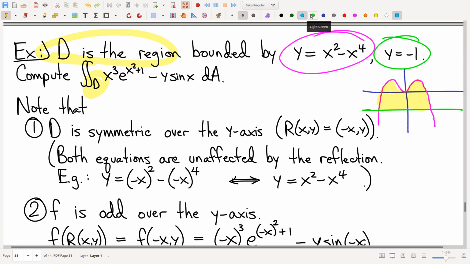And so here's my reflection formula. For any point in the domain, reflecting just changes the sign on the x-coordinate, and it leaves the y-coordinate the same. There's our picture reflecting over the y-axis. So that's my reflection formula. Is everybody happy with that?